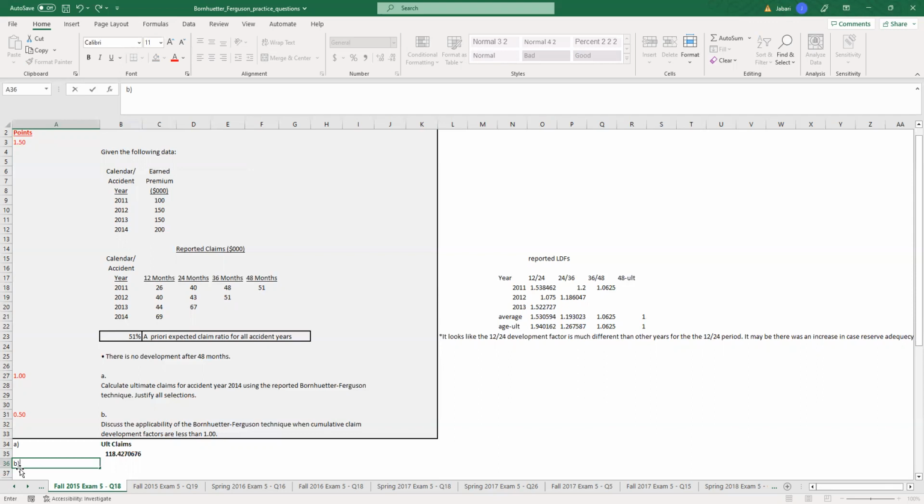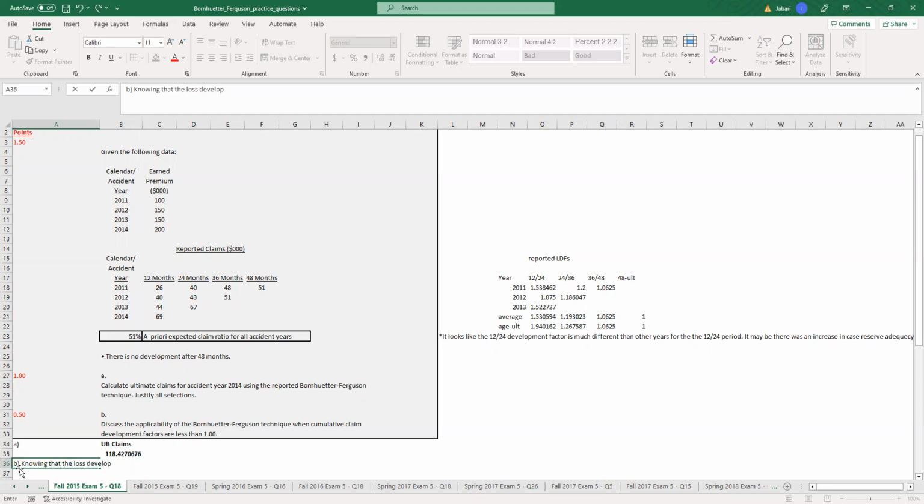If the development factor is less than 1, then the percent reported that we typically use to weight is going to be above 1, and negative for the other weight. So knowing that, we can assume that the BF technique will not be very applicable if the loss development factor is less than 1, because we don't want to have a weight greater than 1 and one negative. So I'm just going to type that out real fast.